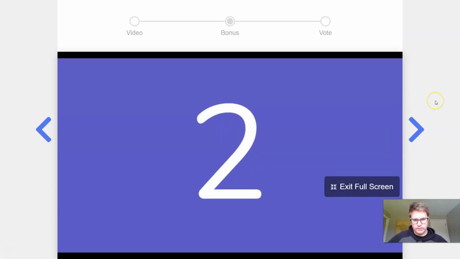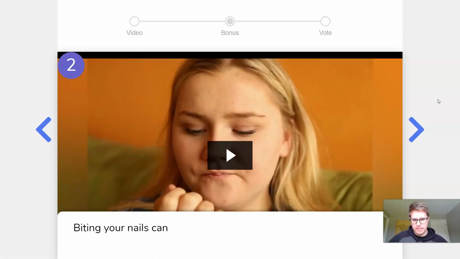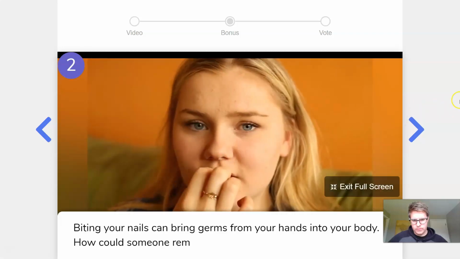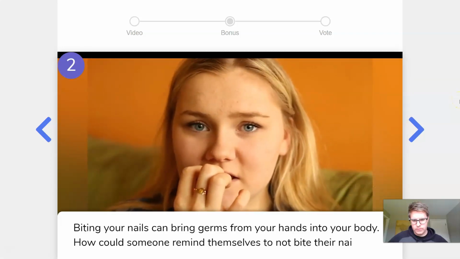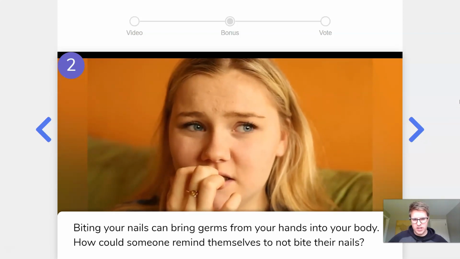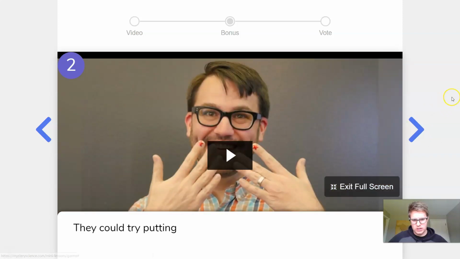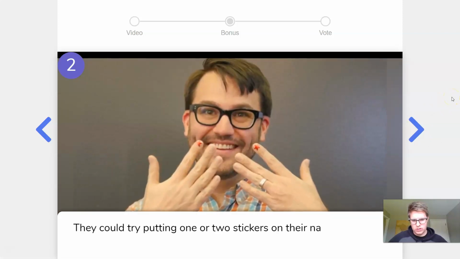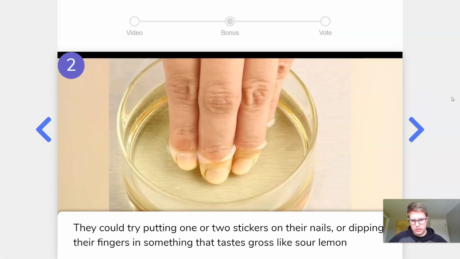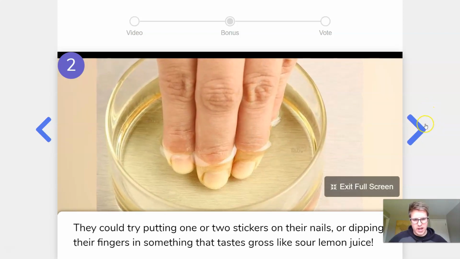Number 2. Oof, biting nails. Easy way to get germs in your body. That's a way to break the habit.